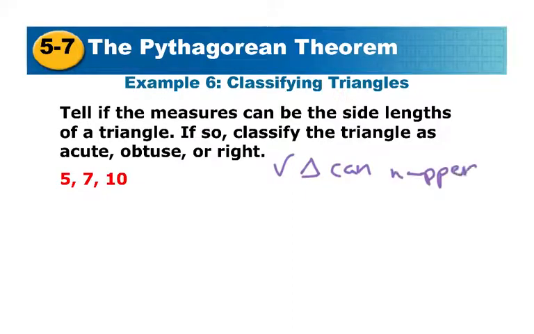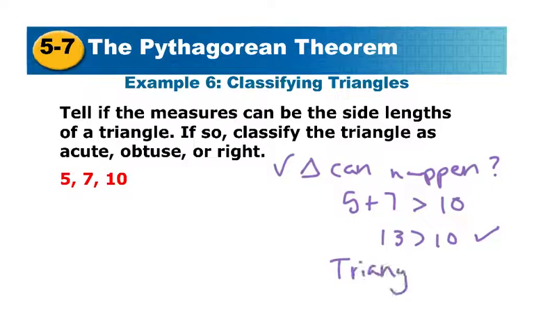And so how do we check if a triangle can happen? We need to know that 5 plus 7 is more than 10. And 5 plus 7 is 13, and 13 is more than 10, and so a triangle does exist. So now that we have that part down, then we can go through and actually use our c squared idea.